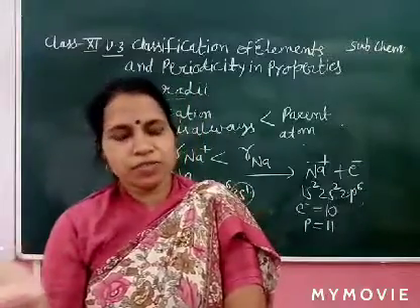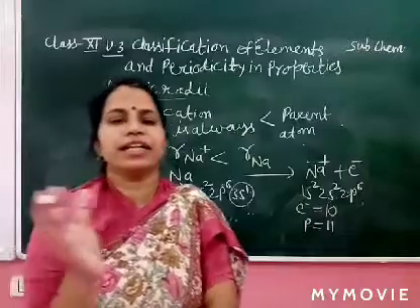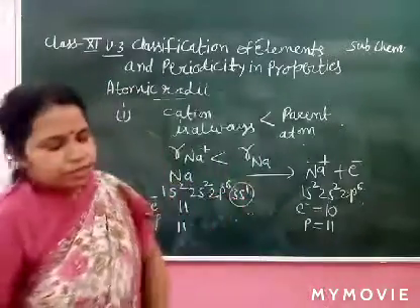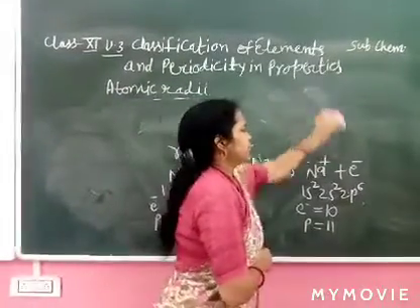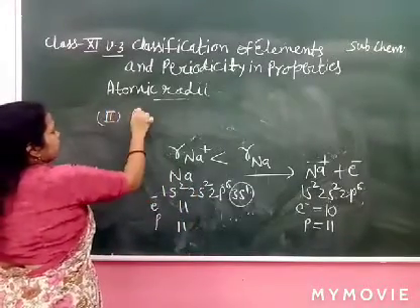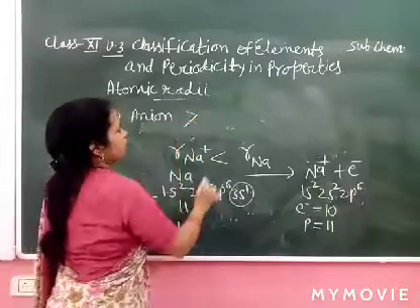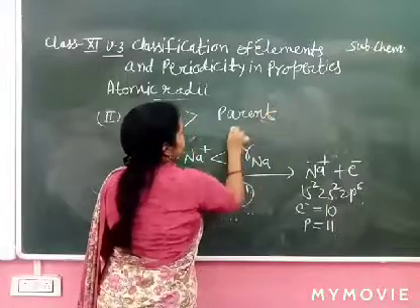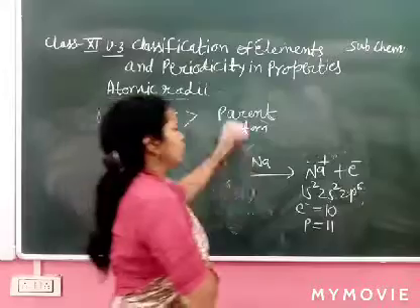The question arises why the cation is smaller in size than its parent atom. Now next is second, anion. Anion means negative charge. Second, the size of an anion is greater than the parent atom. We can take the example of chlorine.